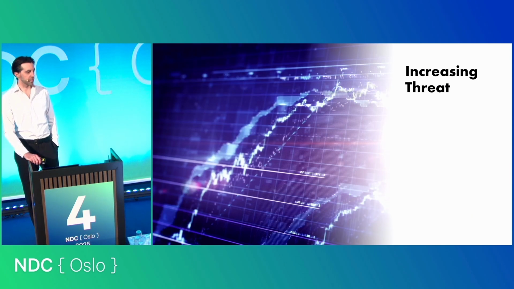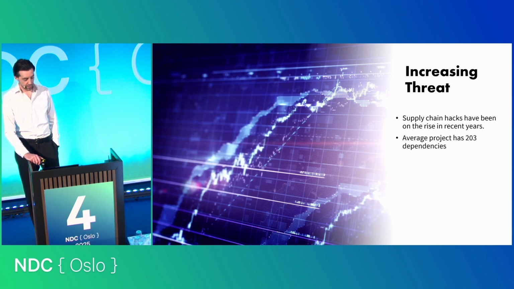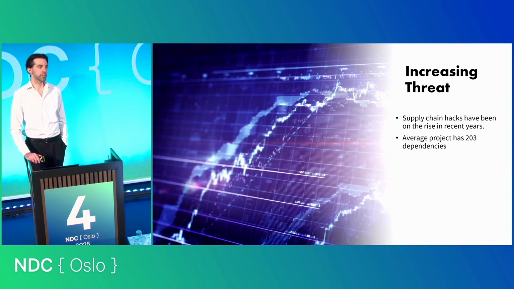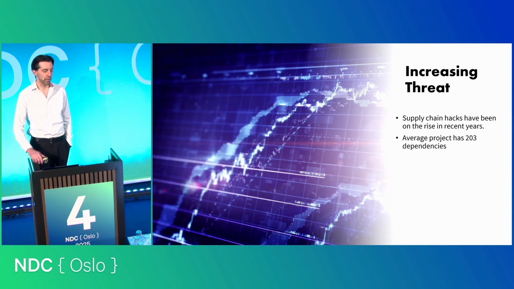So this overall is a rapidly increasing threat. We're seeing a pretty quick increase in the rate of these attacks occurring. And this, I think, is probably because there are just so many dependencies that we use nowadays. Your average project has 203 dependencies, and that's from a survey a couple years ago, so it's probably higher now.